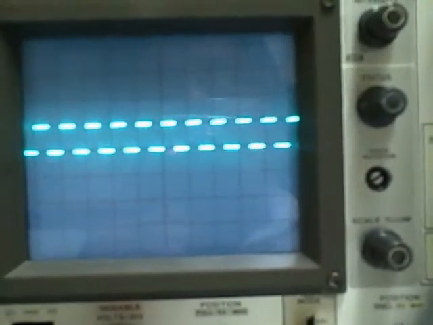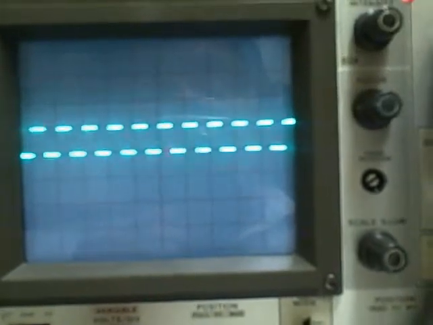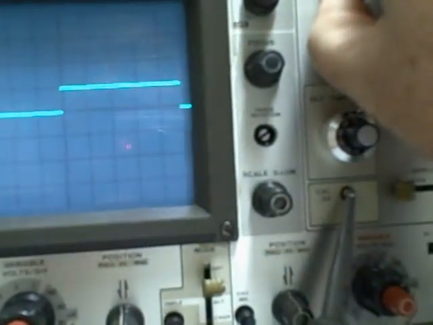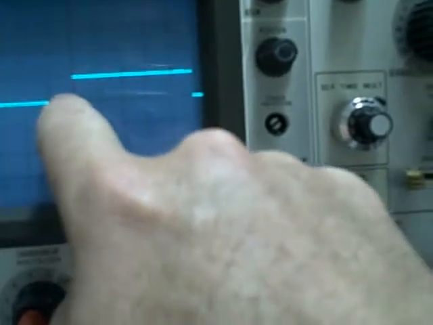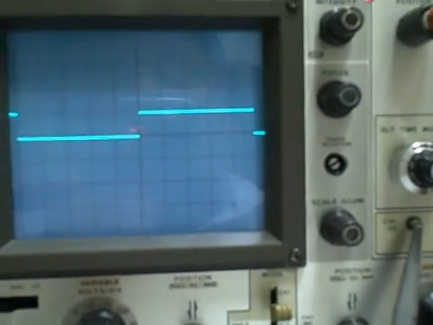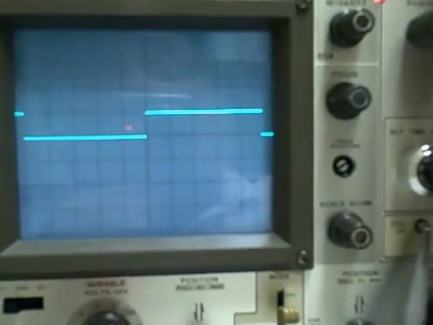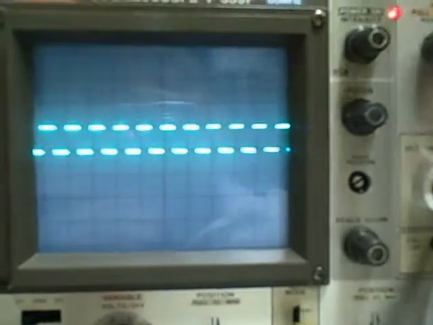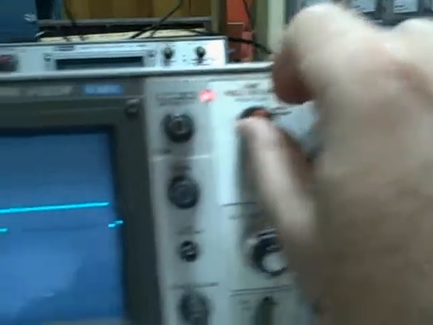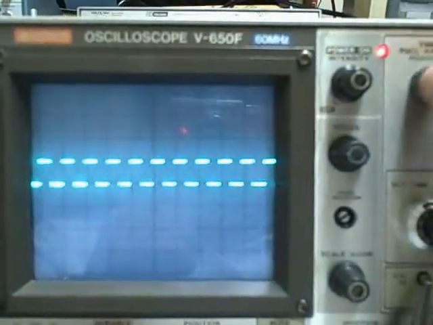That's a 1 kilohertz signal, and if I pull this out times 10, I am seeing 1, 2, 3, 4, 5, 1, 2, 3, 4, 5. I'm seeing a cycle in 10 divisions, so again, that's kilohertz. So our magnification is working. That's the point. Just pull the knob right there. There's your magnification.